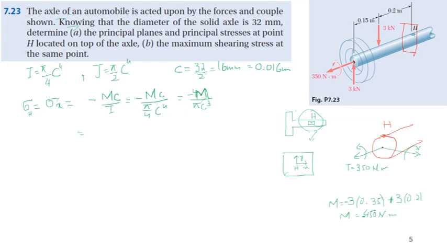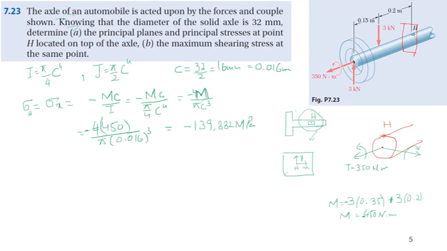Now if I put the values, minus 4 times 450 divided by pi times c cubed, 0.016 cubed. So if we calculate it, that will become minus 139.882 megapascal, or you can take approximately 140 megapascal.